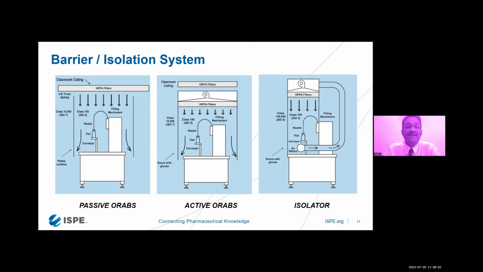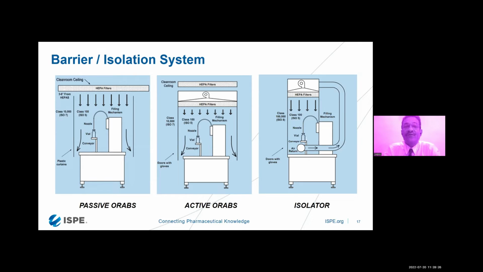The equipment is placed under that, with maybe plastic curtains acting as a barrier between a person and the critical working zone. But this is still not a foolproof system, because the person can go very close to the critical areas, thereby compromising on sterility.